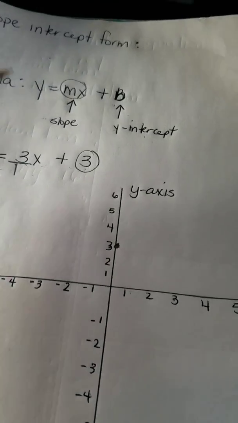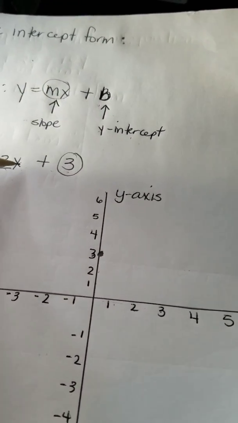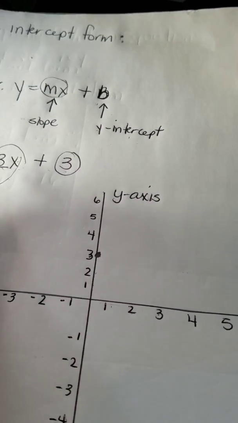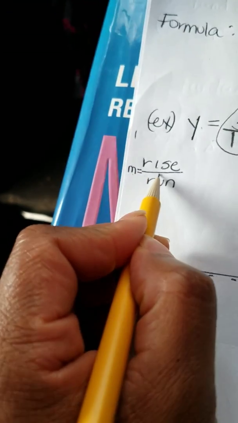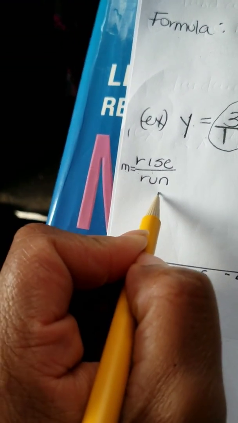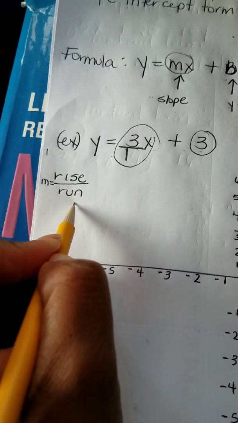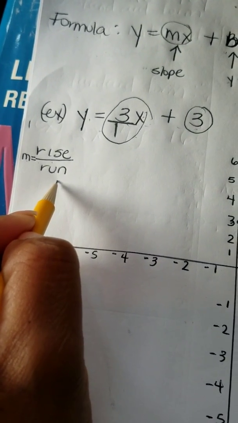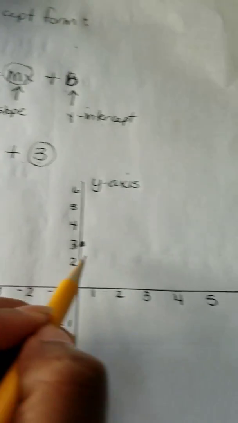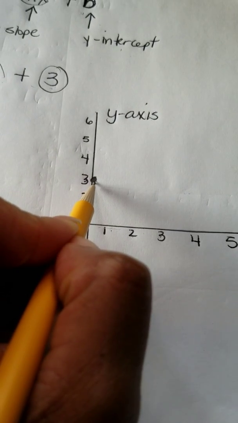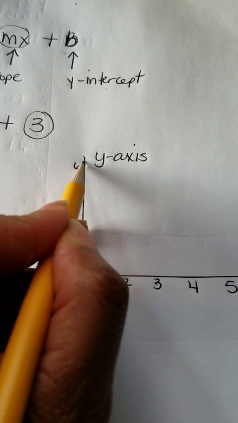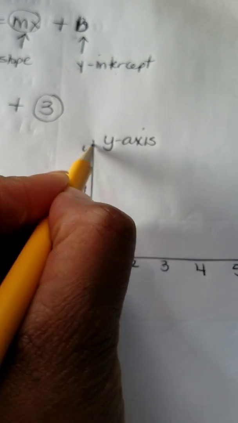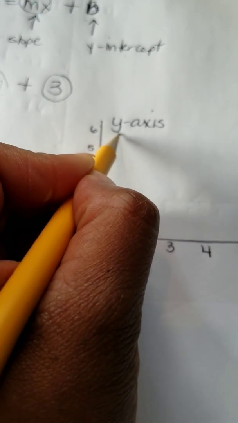But now we have the slope, and I put a 1 underneath it to put it in fraction form, because we use m equals rise over run, which is the slope. So now I come back over to my 3, and I have to rise 1, 2, 3, and run 1.